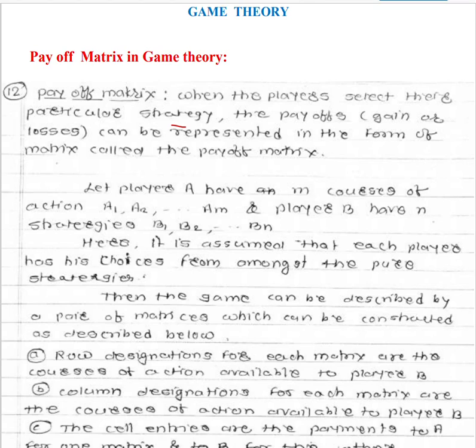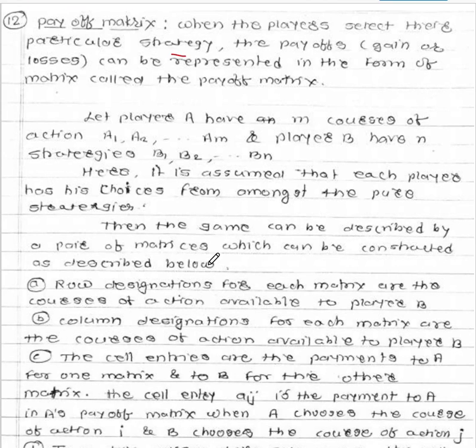So let us take an example. Let player A have m courses, that means m techniques or m strategies of action, A1, A2, ..., Am, and player B have n strategies, B1, B2, ..., Bn.